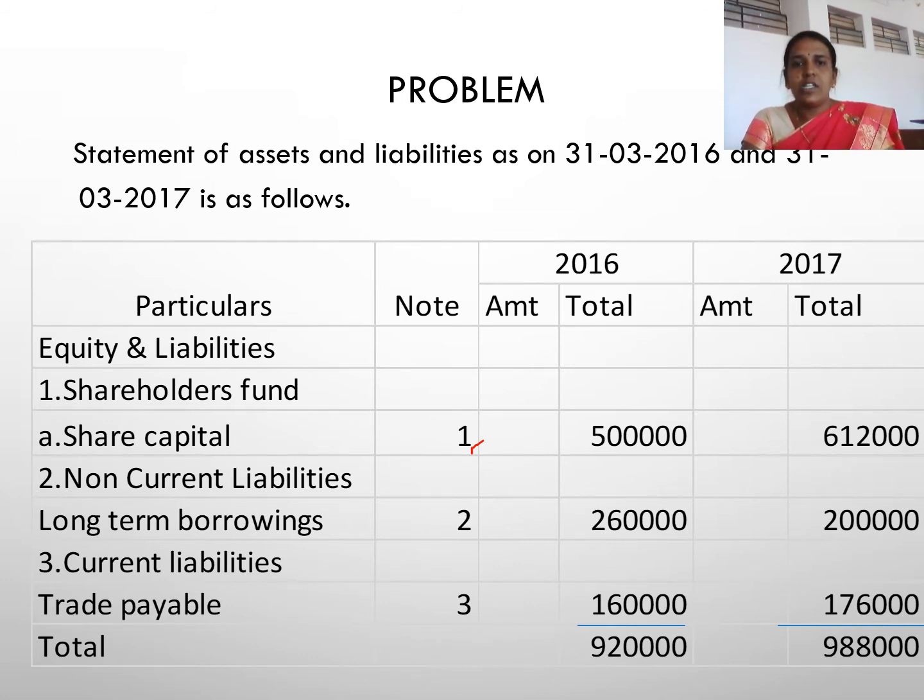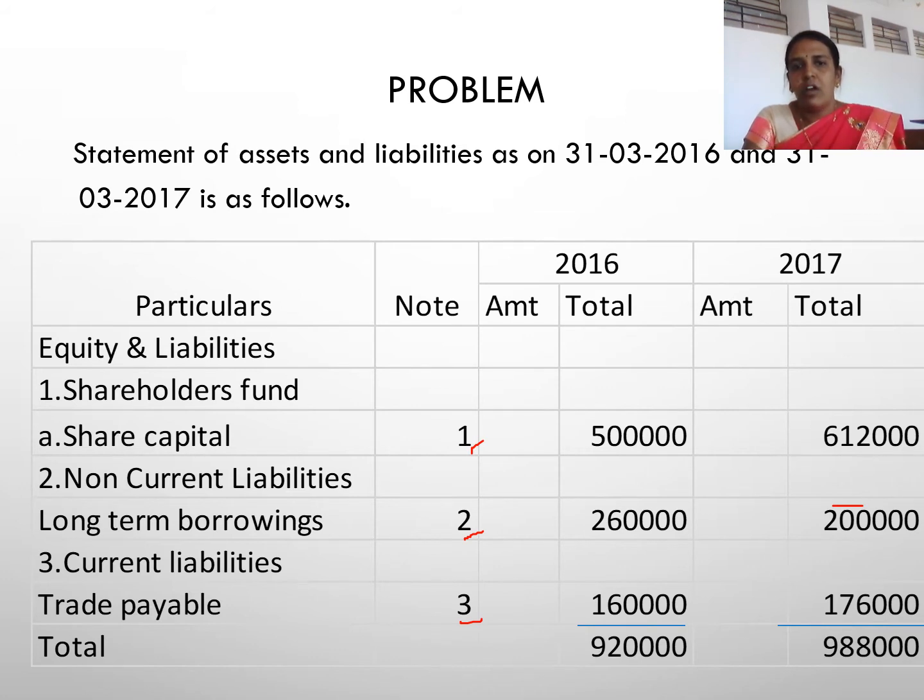And second one is non-current liabilities. In that long term borrowings, note number 2 is there to see in detail about long term borrowings, and the amount is 2,60,000 in 2016 and 2 lakh in 2017. Then third one is current liabilities, that is trade payable. Note number 3 is there to see in detail.